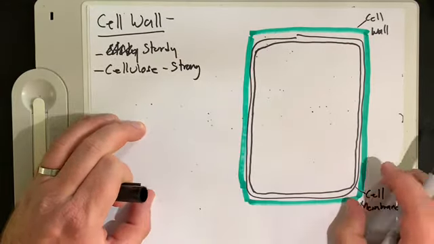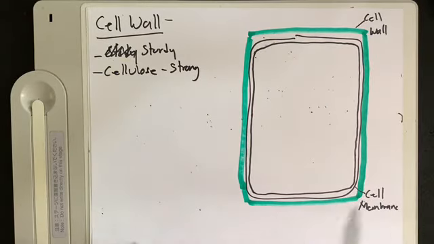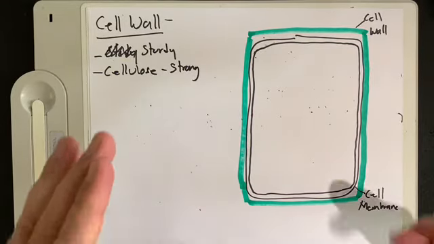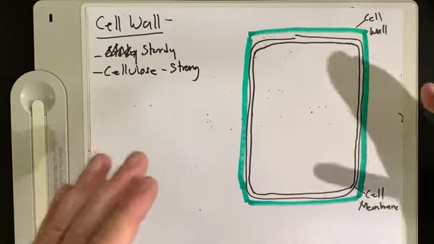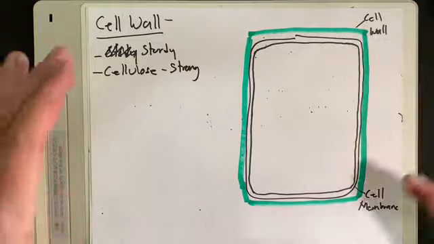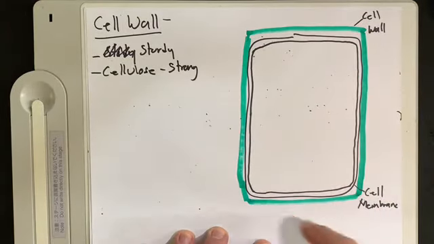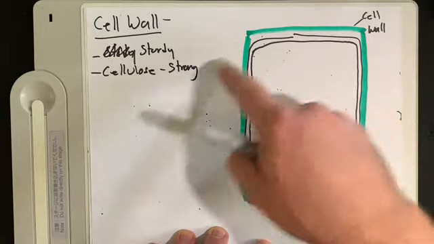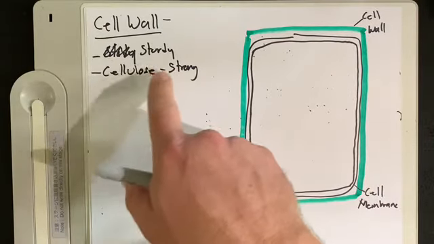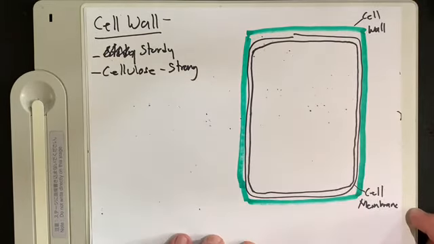And that's what gives it that sturdy effect here. So because of that, it's not fluid. When we look at animal cells, we usually see them in circular and oblong types of shapes, because the plasma membrane is very fluid and it can move around, where our plant cell is very much stuck in this shape because of this cellulose cell wall that is very strong and sturdy and keeps it in this square shape.